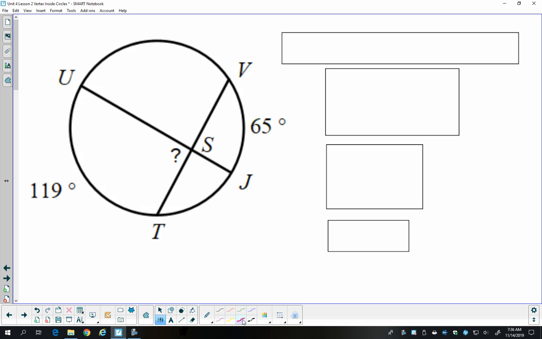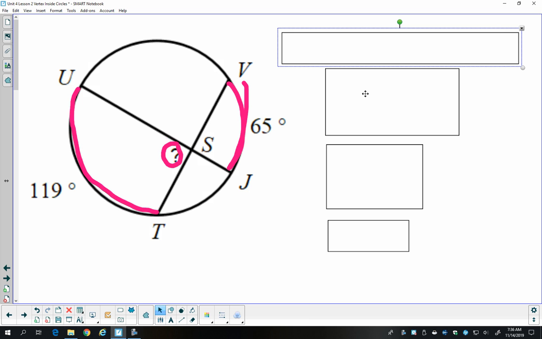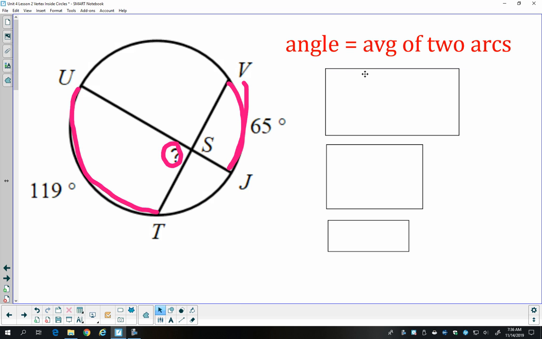Here I'm looking for the angle measure, question mark. And so this angle creates this arc that's 119 degrees. Its vertical angle over here creates this arc that's 65 degrees. And so the relationship is that this angle is equal to the average of those two arcs. I like every time you use a formula or use some sort of relationship that you write it down.